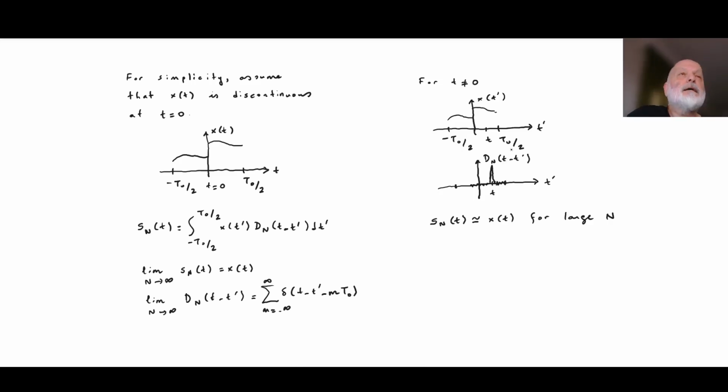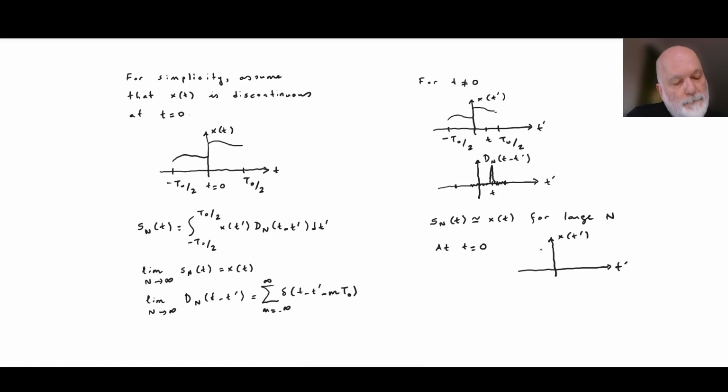Now let us look at what happens at t equal to 0. At t equal to 0, we have the following picture. Again, our signal will be, this is t prime and this is x of t prime.